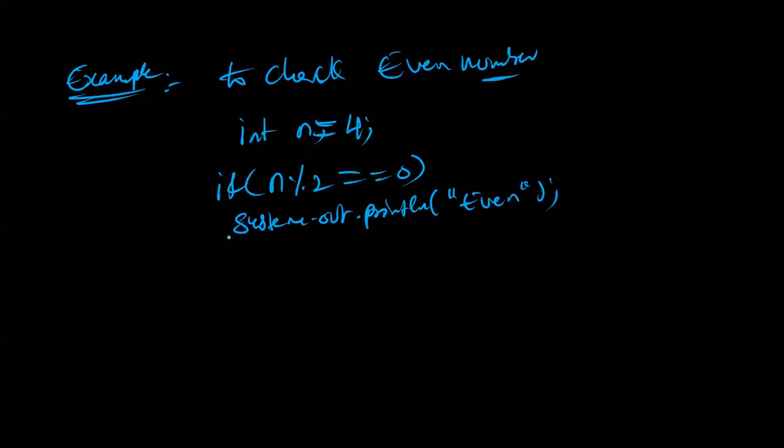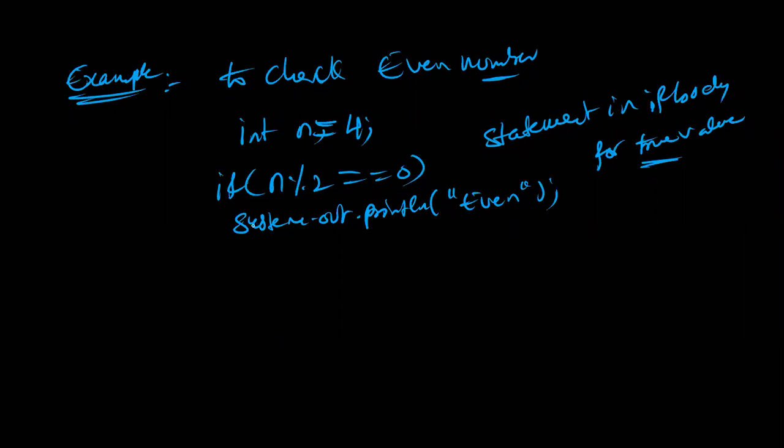Only one statement, we have only one statement in the if body for the true value. Whether it is even or not, we don't worry; if this condition is true, it will be printed.